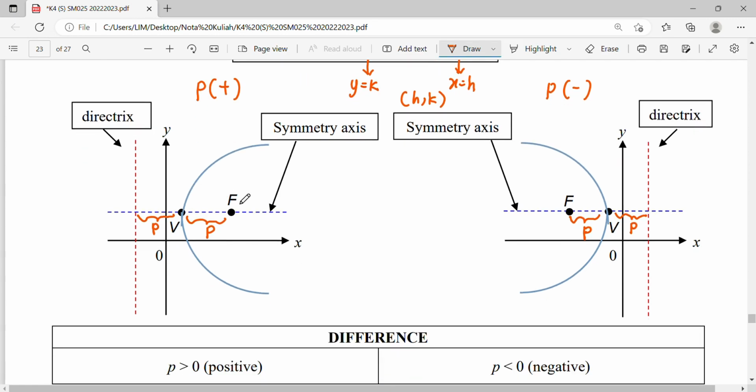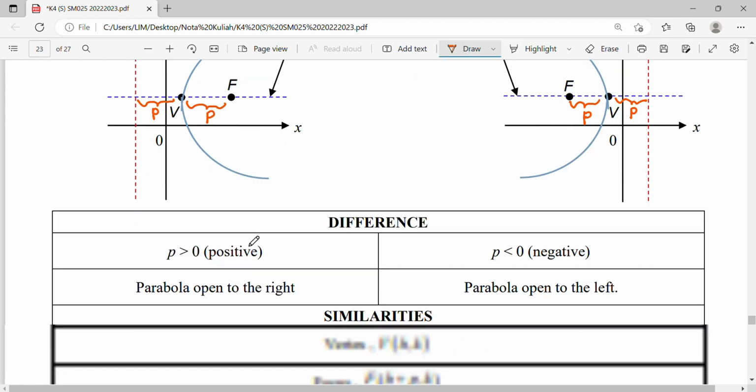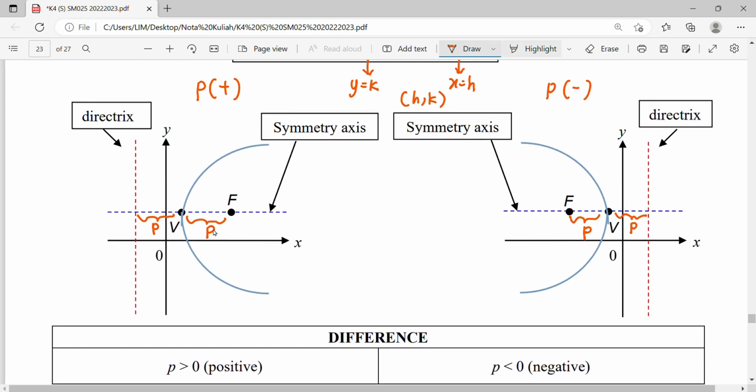Therefore, where the vertex is (h, k), when you want to find the focal point, we are moving to the right p units. So for the x coordinate, which is h, we add p units. Meanwhile, to find the equation of the directrix, it is a vertical line, so the formula will start with x equals something.